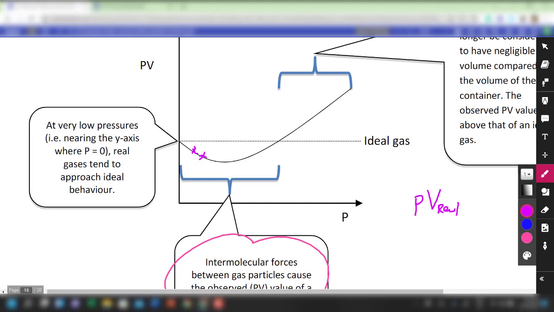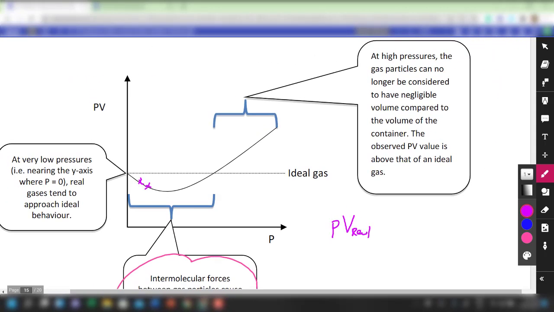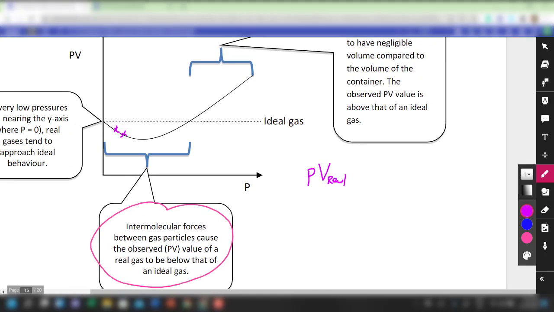Okay, what about at higher pressure? How come at higher pressure suddenly the real volume becomes bigger than the ideal gas volume? You can also view it this way: at higher pressure, the particles are compressed to a very huge extent, so now repulsive interaction dominates. Let's imagine it this way. Say you are in a room. When the volume of the room decreases, you are not exactly affected that much.